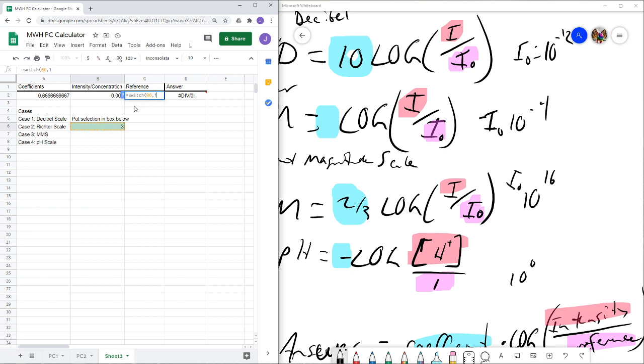So case 1, we want 10 to the -12. Case 2, we want 10 to the -4. Case 3 is the moment magnitude scale, so we want 10 to the 16.